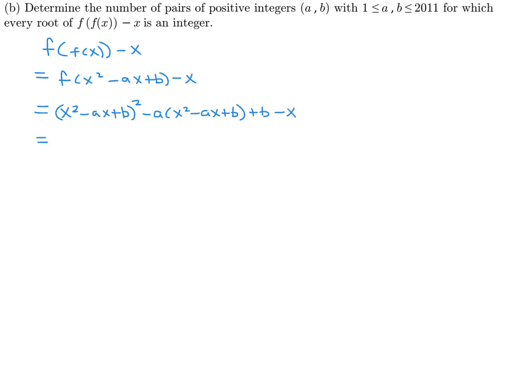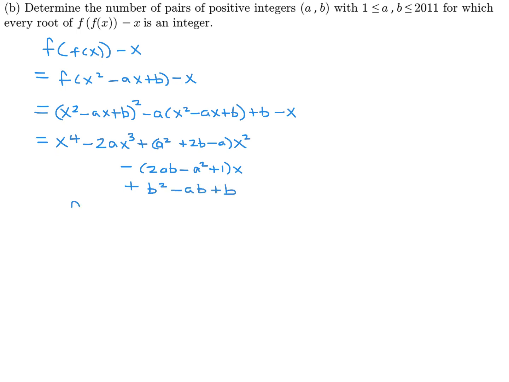Okay, so expand all this out, collect like terms. And when you do, you get x to the power of 4 minus 2ax cubed plus a squared plus 2b minus a x squared minus 2ab minus a squared plus 1 x plus b squared minus ab plus b.